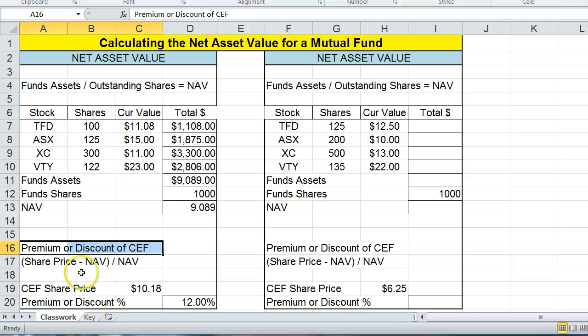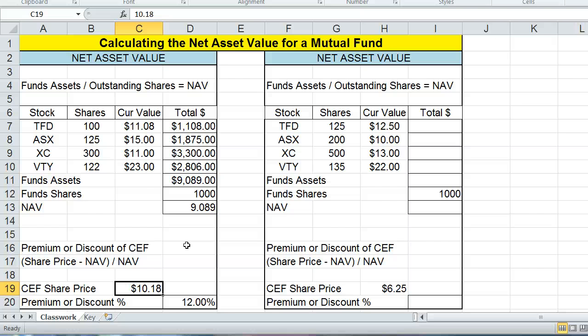So the share price of a closed-ended fund can trade like a normal stock during a day, and can actually separate from the net asset value, the total value or book value of the mutual fund.